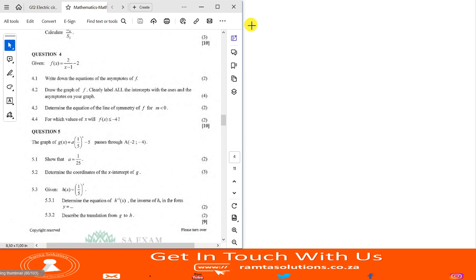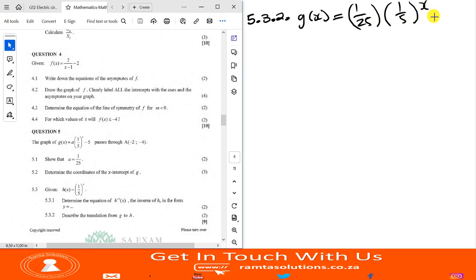Now, 5.3.2, I call it my favorite question. Describe the translation from g to h. Let me remind you guys, g of x was 1 over 25 times 1 over 5 to the x minus 5. I'm going to simplify this until we are content.